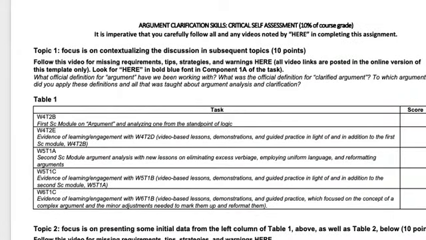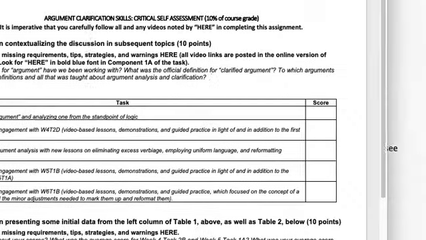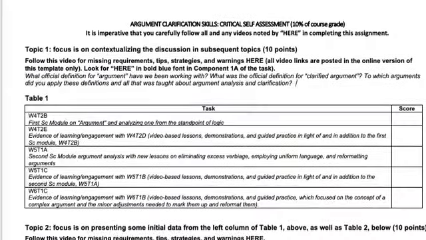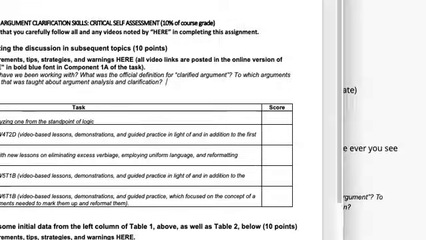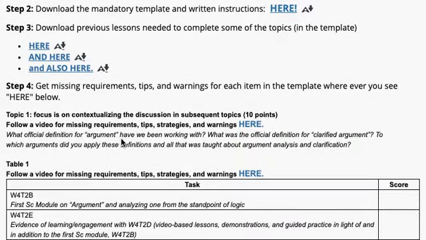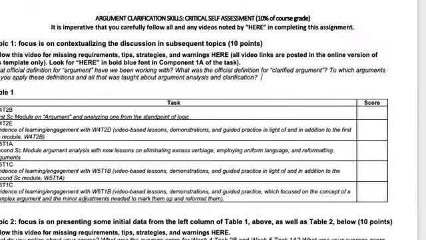So you should download this Word document, and what I would do is, as you work through the bundle, use this on the side. So, for example, you can see that it says topic 1 focuses on contextualizing the discussion and subsequent topics. Well, that is going to be right here. So what I've done is I've copied what is in here into a Word document.